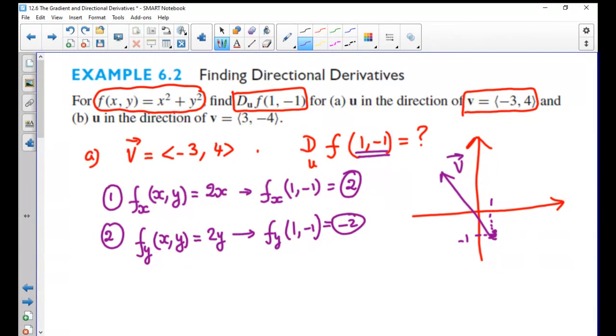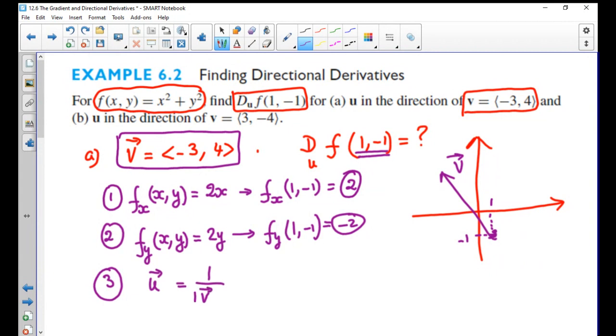Good. Now, what else do we need? The unit vector. Very good. So I need the unit vector u, and as always the rule is 1 over the magnitude of v, multiplied by v.